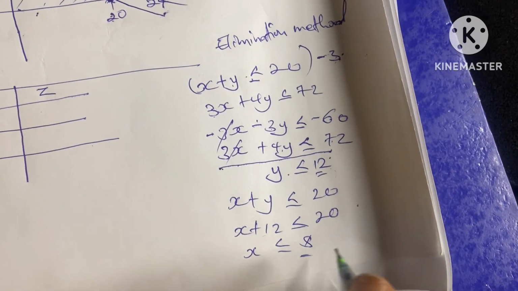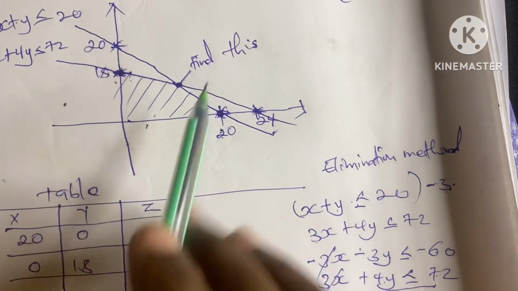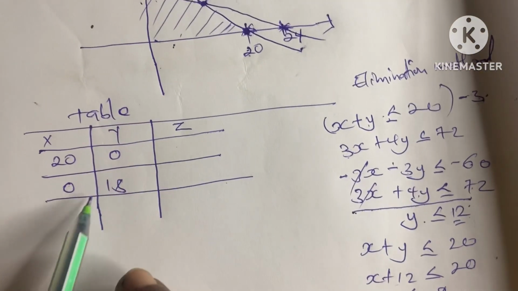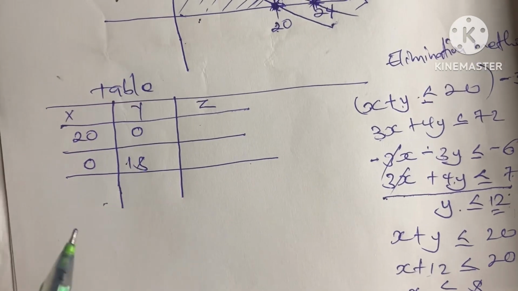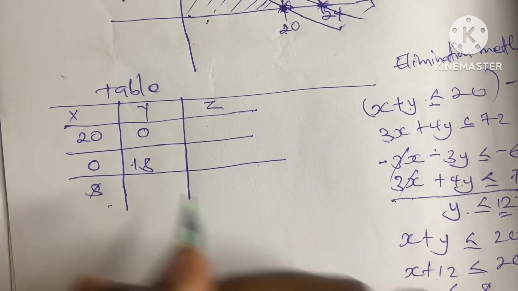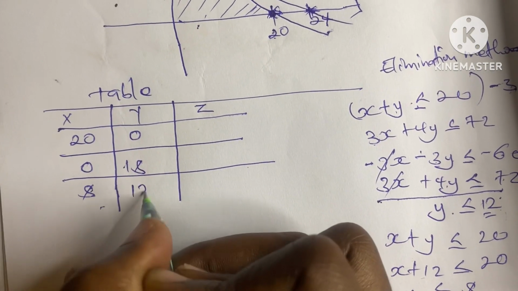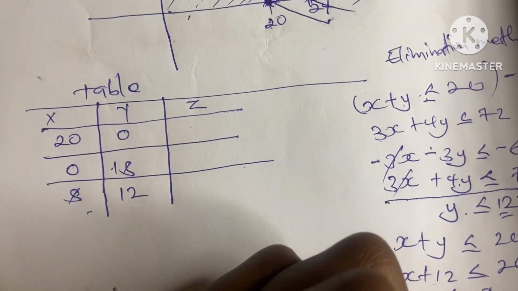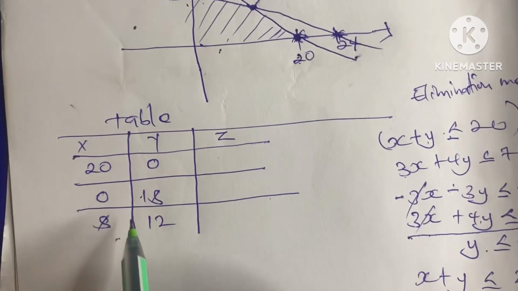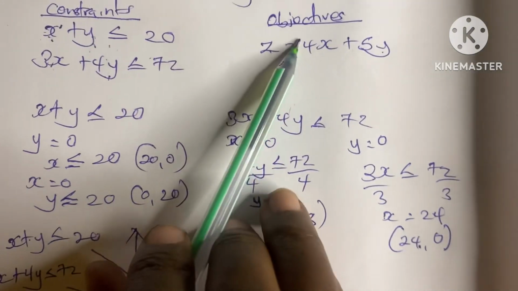So these two values are the values for that point. So we come here and we say x is 8 and y is 12.